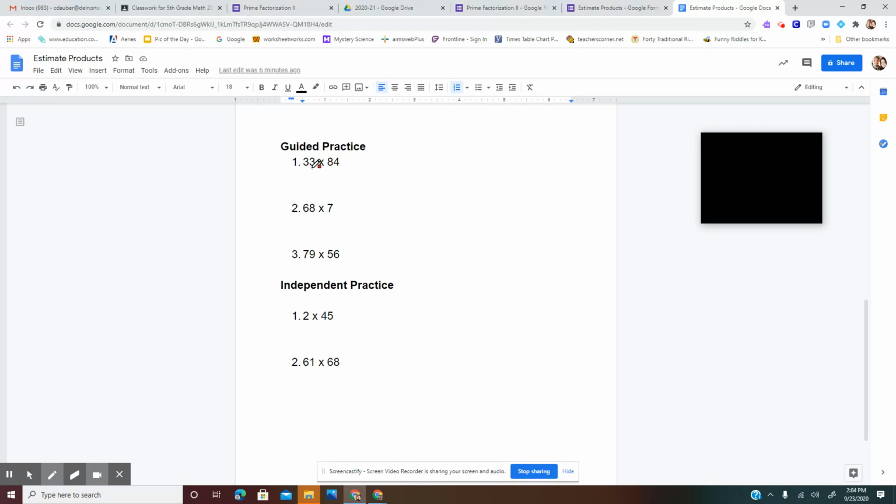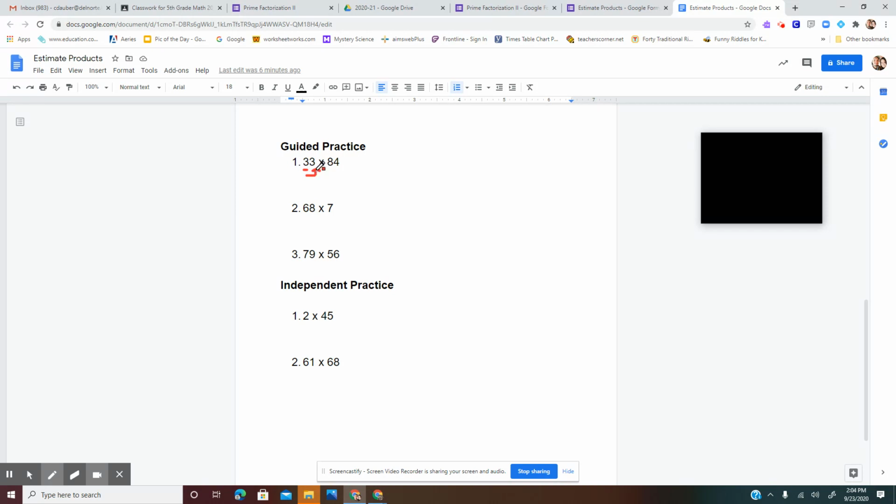Now, I've been teaching you to round by just deciding which multiple of 10 the number is closest to. That's a great way to do it. Another method that will give you the same answer is if you're rounding to the tens place, okay, this is the tens place right here, have that tens place look at its neighbor to the right.